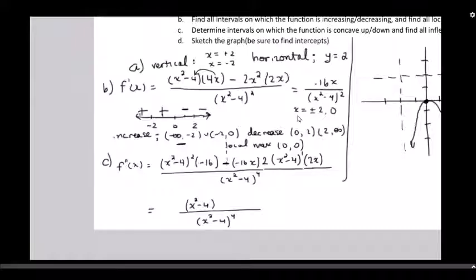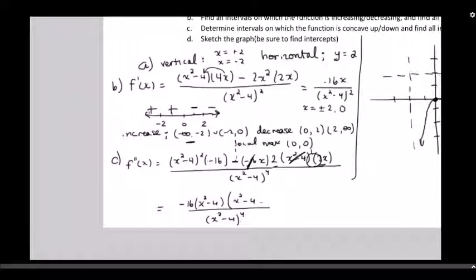So I could factor out the negative 16 as a common factor. So that would leave on the left side here, if I've taken out a negative 16 and one of the x squared minus 4s, that leaves an x squared minus 4. And then I took out this negative 16 already, and I've taken out this x squared minus 4.